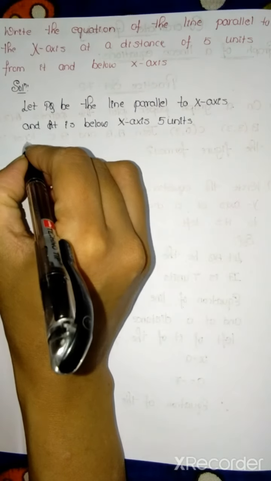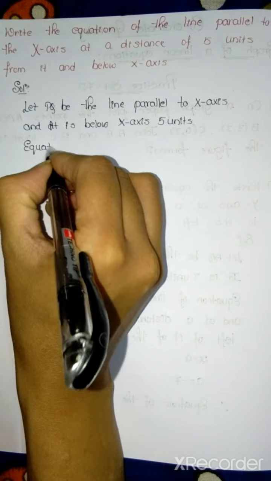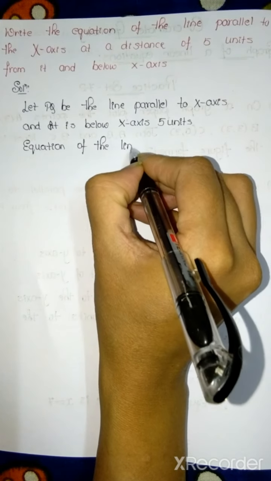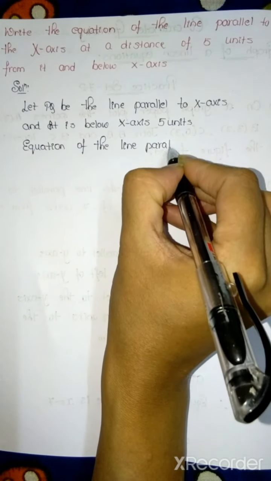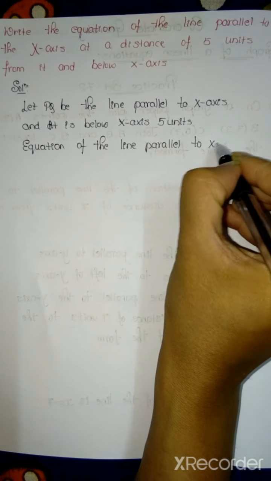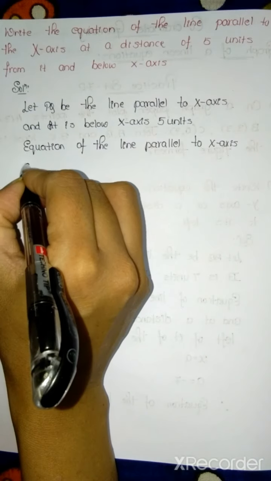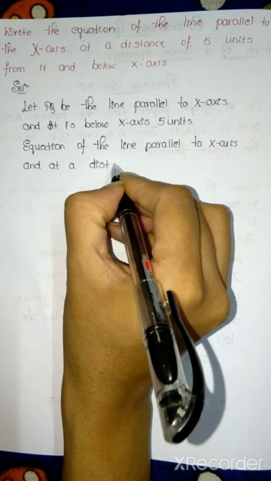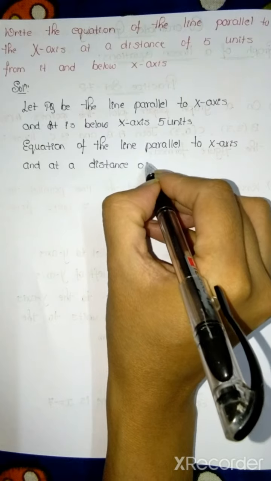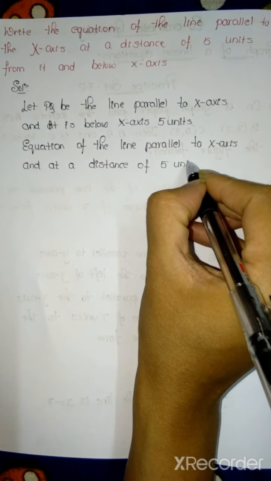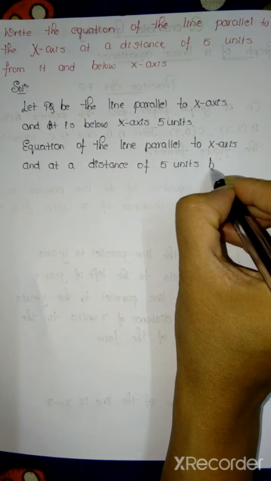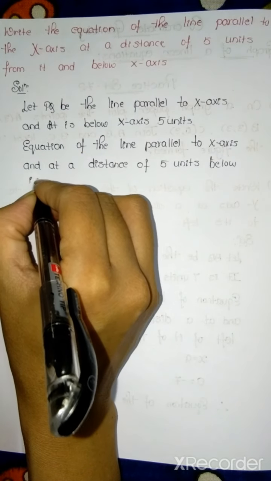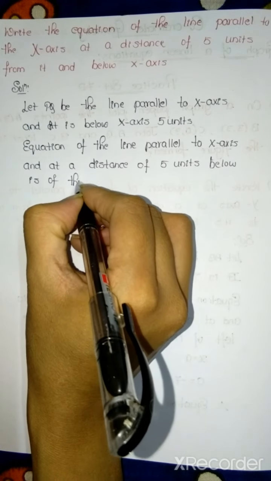So next, the equation of the line parallel to the x-axis and at a distance of 5 units below is of the form. So यहाँ पे इक्वेशन कैसे लिखेंगे?